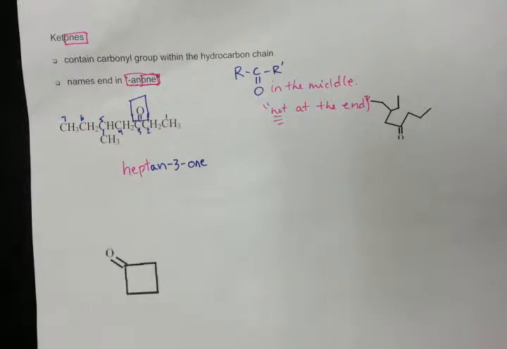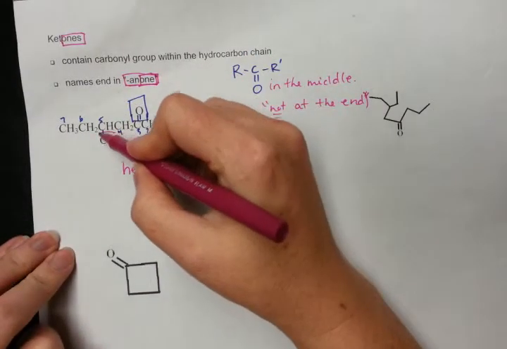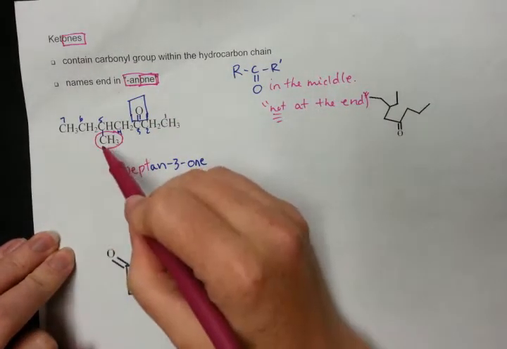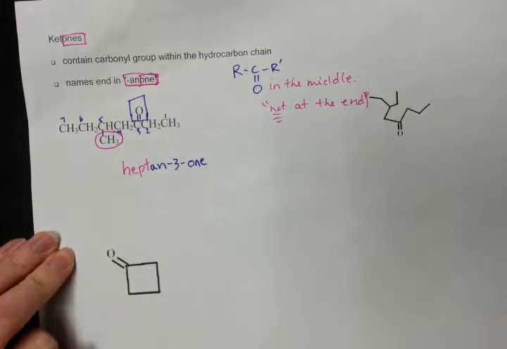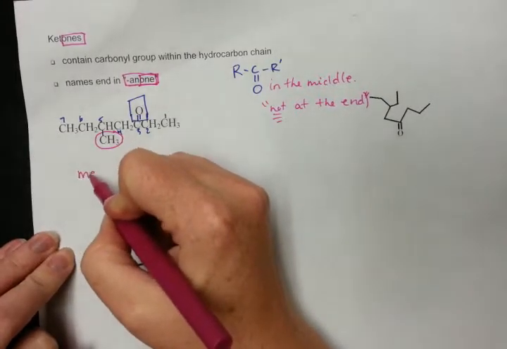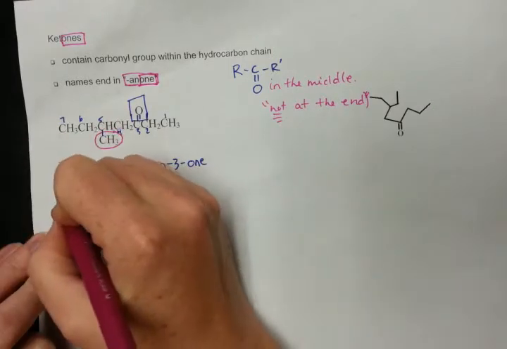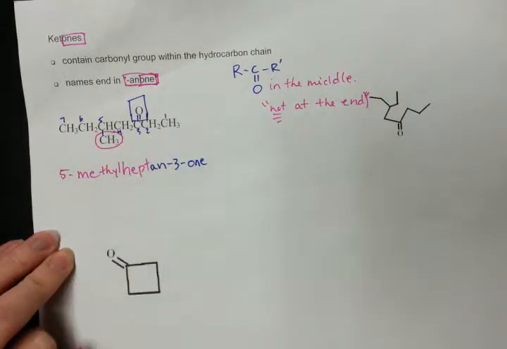Now, like our other examples, we will need to name the side chain. In this case, it's a 1-carbon chain, and therefore a methyl group. And of course, we will have to indicate the carbon as being number 5.